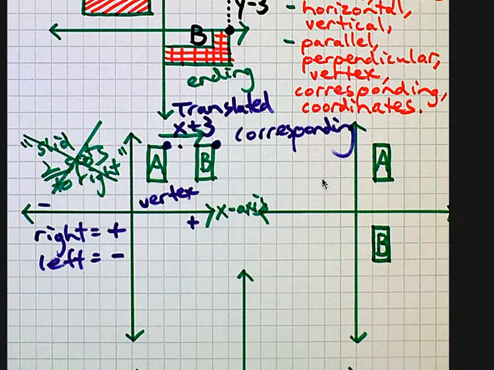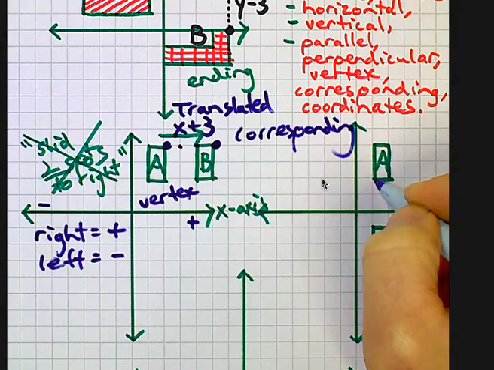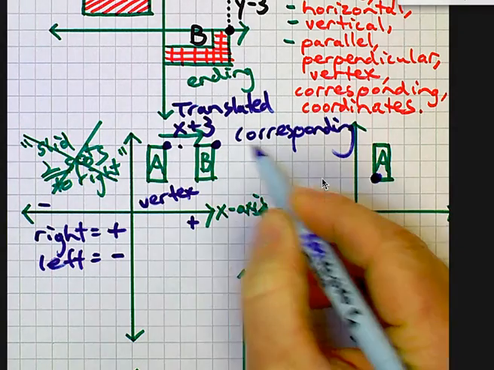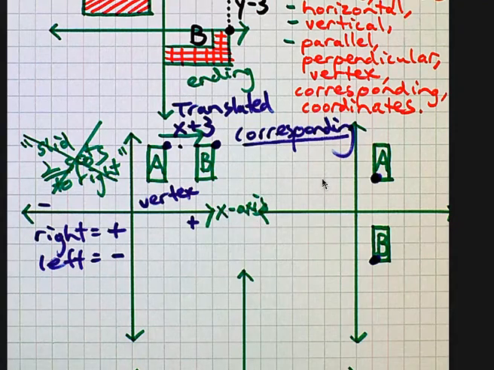What happened? What? I can't hear you. Right. It translated up and down. Yeah, that's vertical. Right. Because you found a vertex. Here we go. I'm going to pick a vertex here, and I'm going to identify the corresponding vertex, and going to see how far that went.